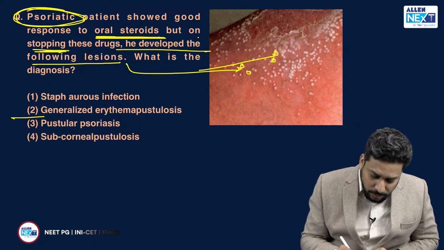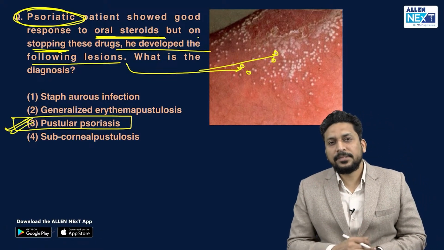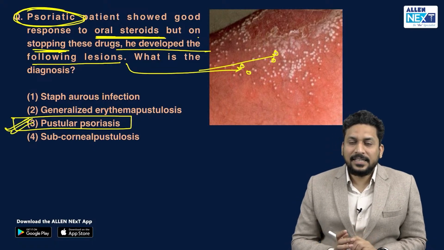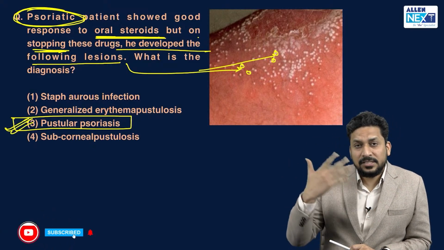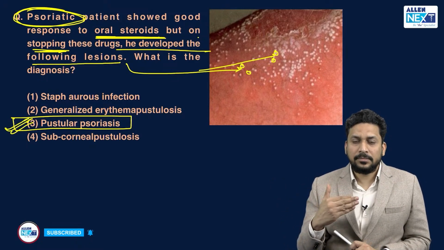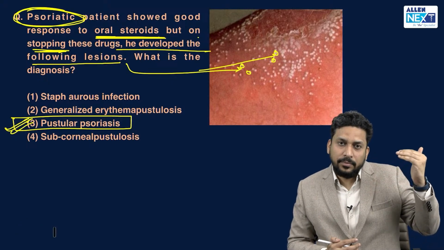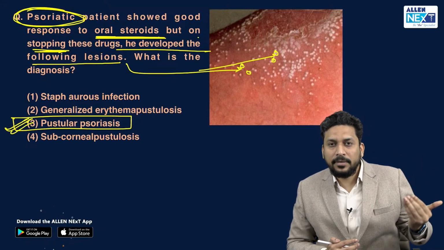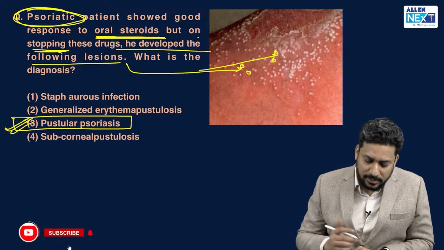So pustular psoriasis. So remember, this is the common presentation of pustular psoriasis, that is sometimes after withdrawing steroids, which have been started by some quack probably, because dermats generally don't use oral steroids in psoriasis. So what happens when we stop them? The rebound phenomena occurs, more severe form of psoriasis develops in the form of pustular psoriasis.